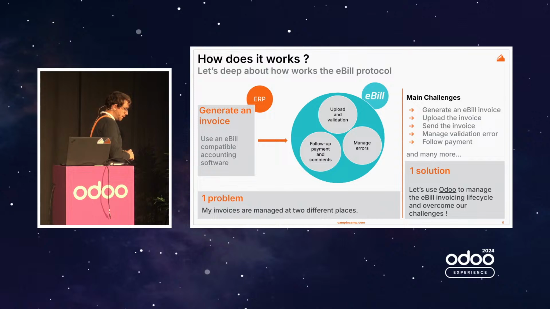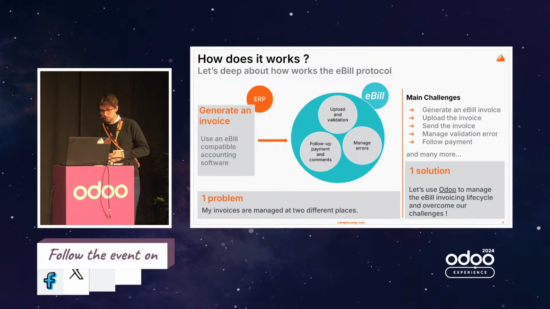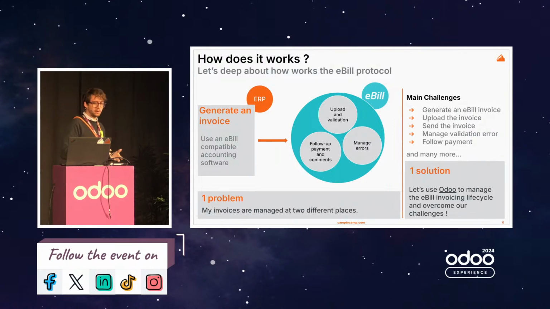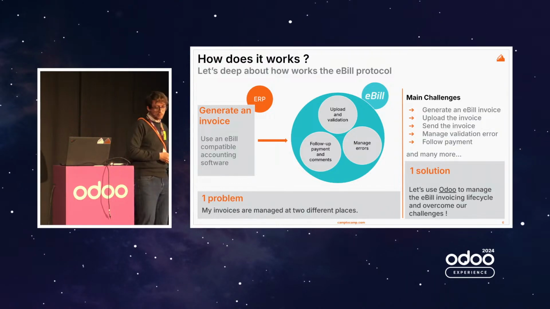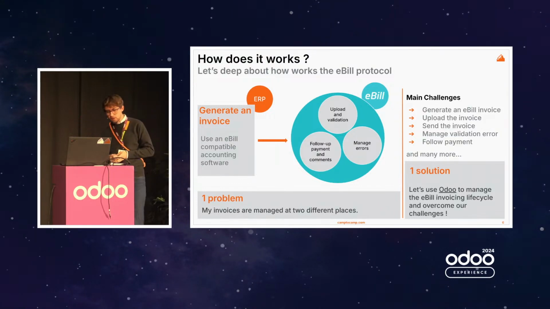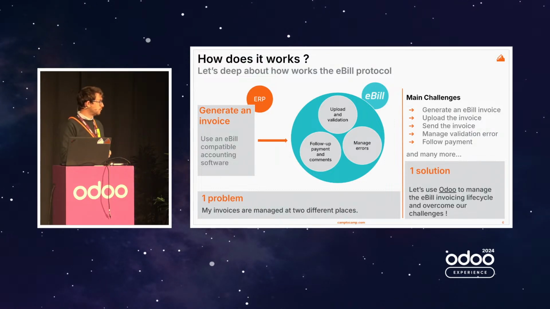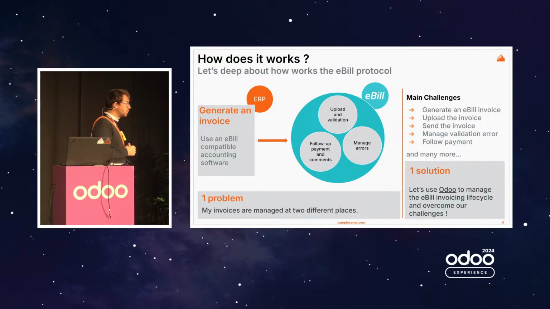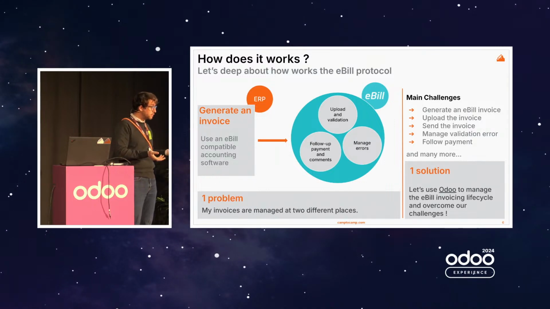Now, how does it work? Let's put Odoo aside, and say I use a classical ERP and I'm eBill compatible. How do I work now? First, I'm going to use my ERP to generate an invoice, because I may have some quotation, or some vendor bills or whatever. I create it in my software. Then, if I want to upload that to the eBill platform, I may have a connector or maybe not.